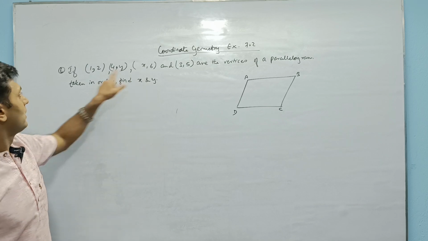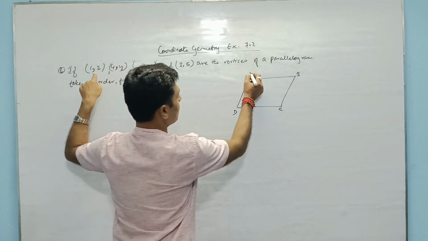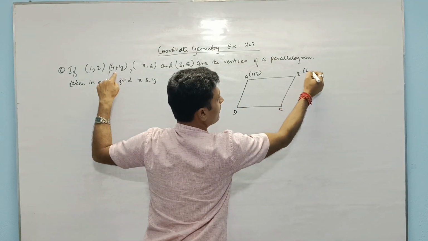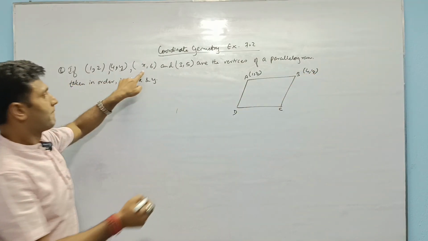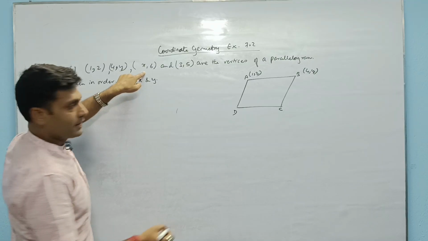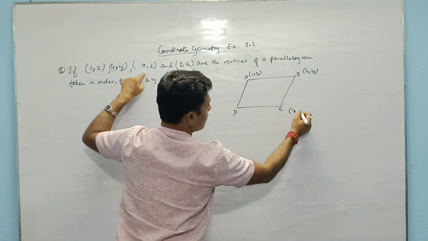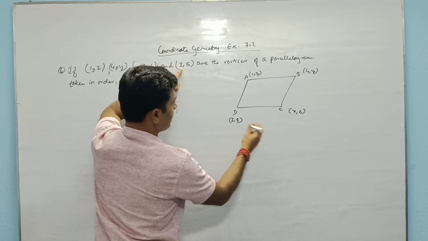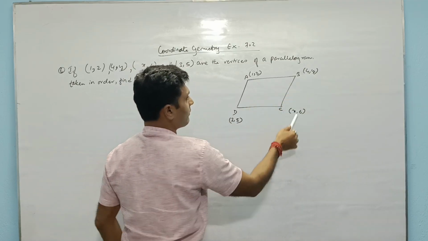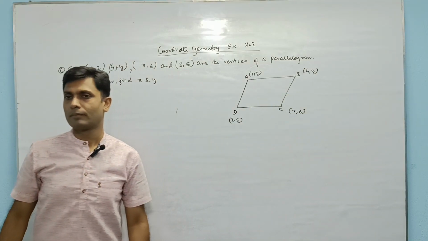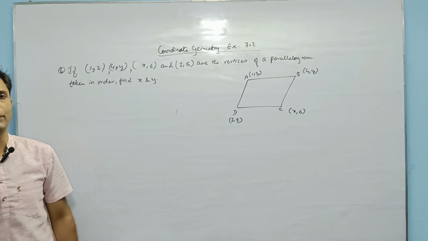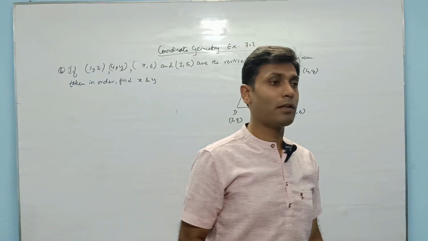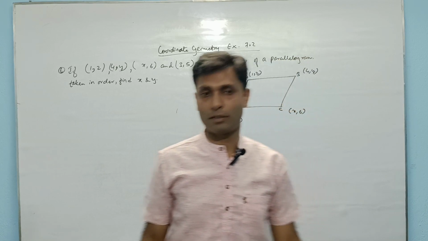Is it clear? So first is A (1, 2), then B (4, y), then C is (x, 6), and then D is (3, 5). We need to find the values of x and y. Okay, so here we'll be using the property of the parallelogram, that the diagonals of the parallelogram bisect each other.